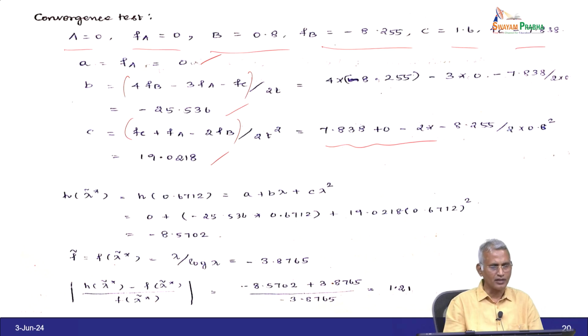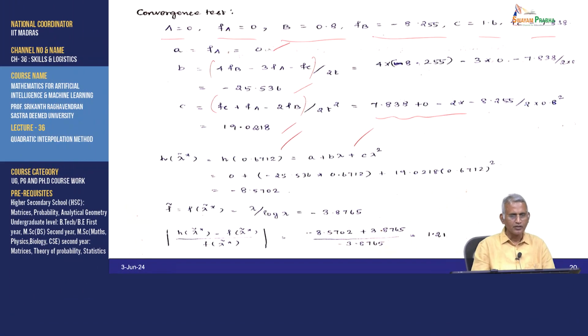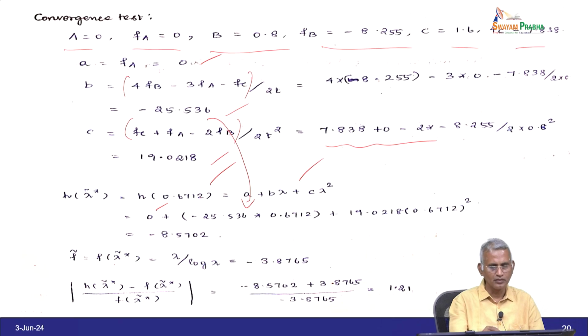Therefore, h of lambda star tilde is nothing but h of 0.6712, and you know the quadratic equation a plus b lambda plus c lambda square. Now, a is 0 and b is you found out minus 25.536 into lambda. So, lambda is 0.6712, and then C 19.0218 into lambda square is 0.6712 whole square.